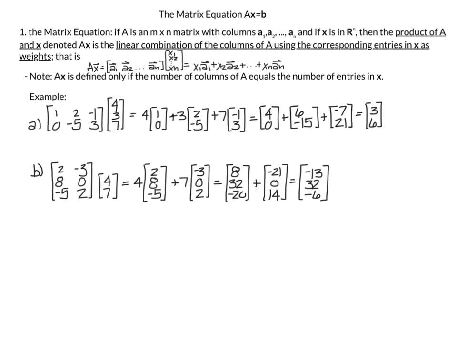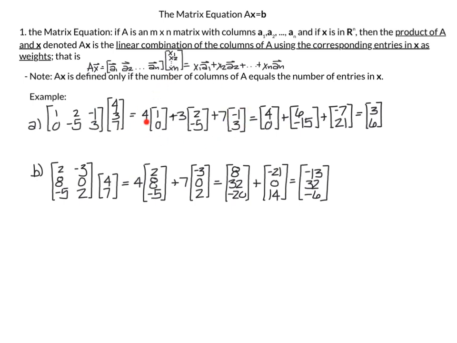So we have two examples. Here is A, and here's the vector x. The way we compute this is we take the first column and multiply it times the first element of x. We take the second column and multiply it by the second element of x, and then we take the third column and multiply by the third element of x.